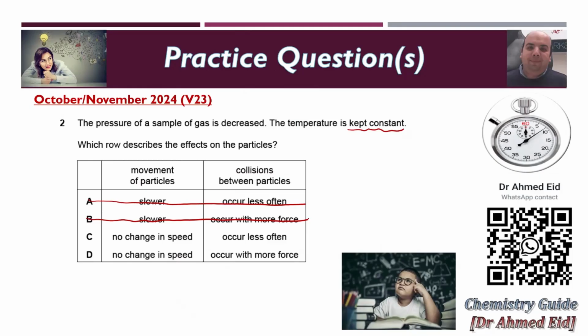This means the correct answer is C. Collisions occur less often. No change in speed, as the temperature is kept constant, and the collisions occur less often. It cannot be collisions occur with more force. How? Pressure is decreased.